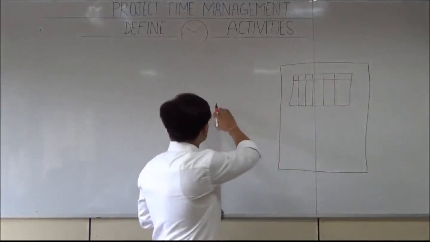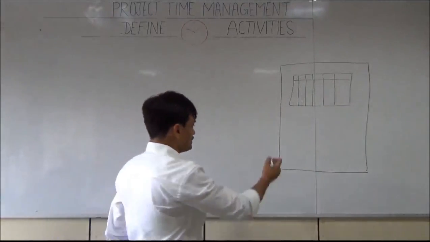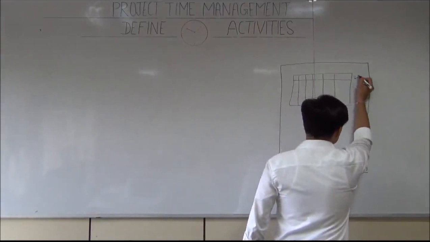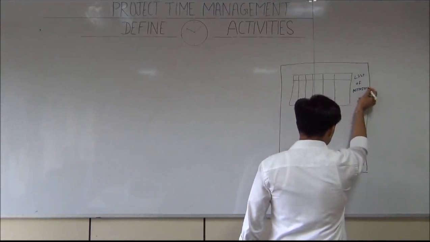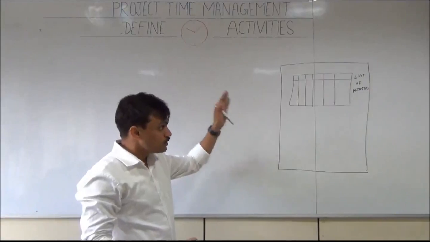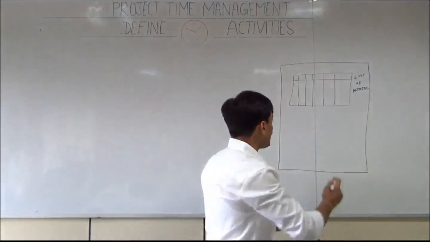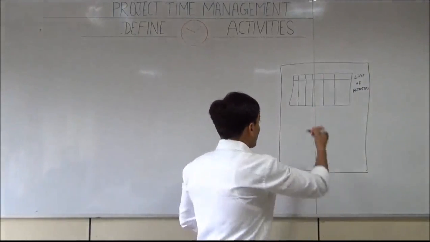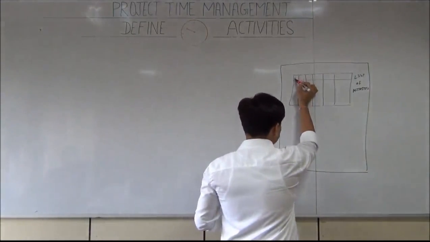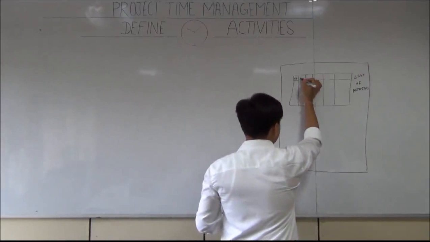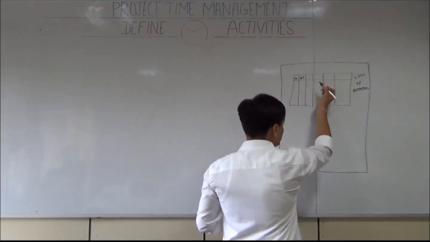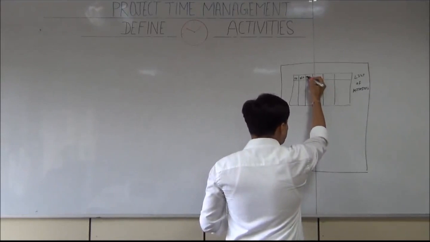So the first output of define activities is that we get a list of activities. Now this list of activities is detailed by attributes. So we can have an attribute like activity ID, we can have an attribute like activity description, we can have an attribute like type of activity.